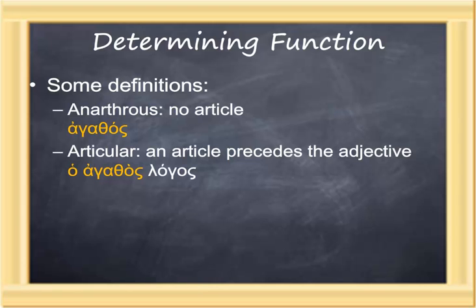In Greek, just as in English, an adjective can function as an attributive, a substantive, or a predicate. But how does one determine that function? First, we need some definitions.